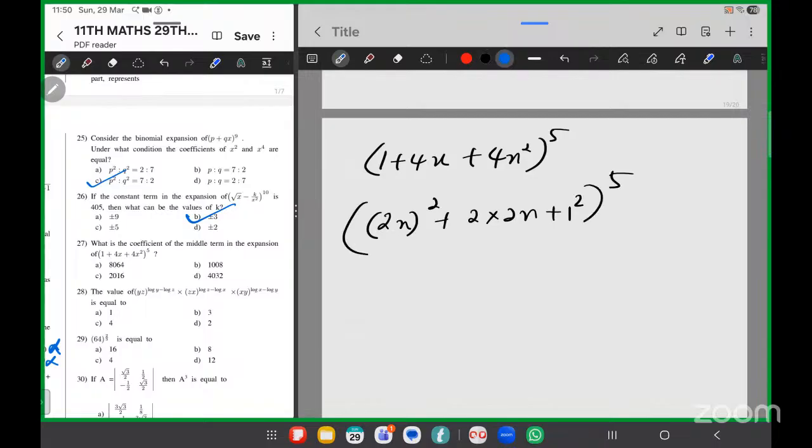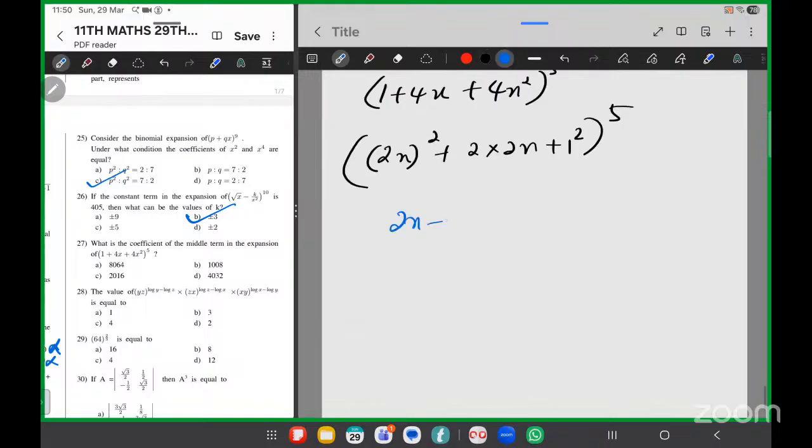So this will become (2x plus 1) the whole square, the whole raised to 5. So this can be written as (2x plus 1) raised to 10. The three terms can be simplified into two terms using the a square plus b square plus 2ab concept. Now you can get n equal to 10.